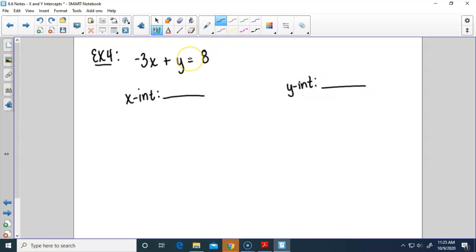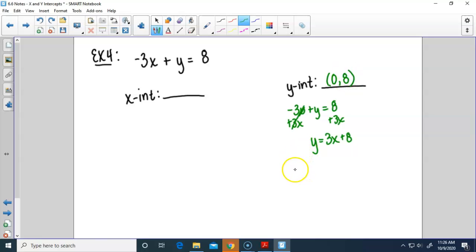So this particular problem, when I'm thinking of my y-intercept here, it is really easy to solve this one for y. You could just add that 3x to both sides. There, so y equals 3x plus 8. Since that is so easy, I might want to do it this way. So that would give me (0, 8) as my y-intercept.